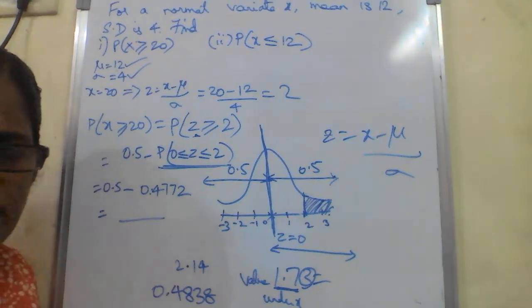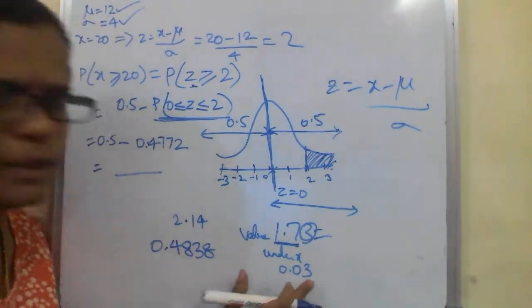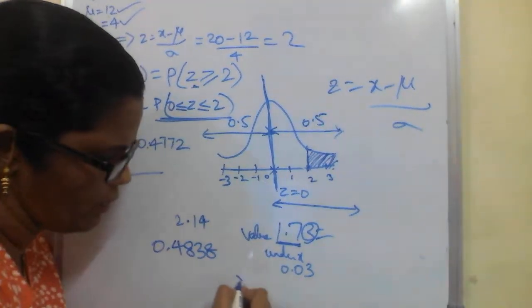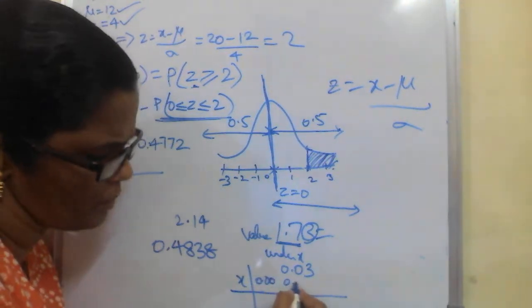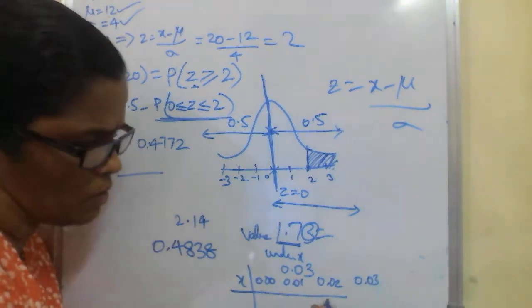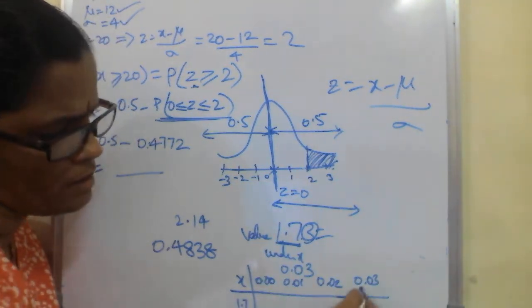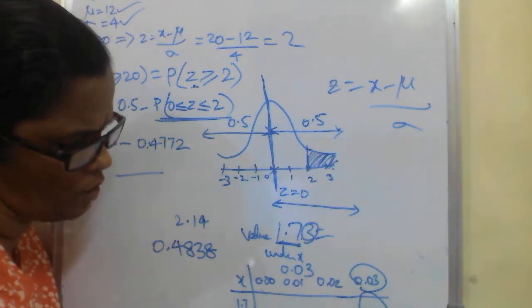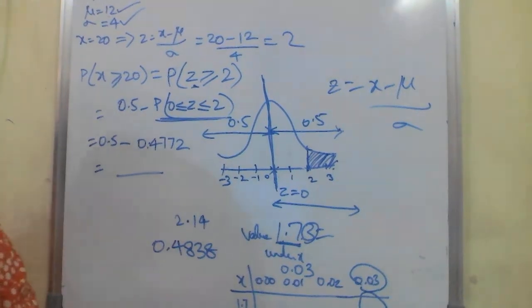So for 0.03 you have to look, and you have the table like this: 0.00, 0.01, 0.02, 0.03. So 1.7 you have to look here and 0.03 here. The intersection of both will be the value. So this way you have to look into the table.